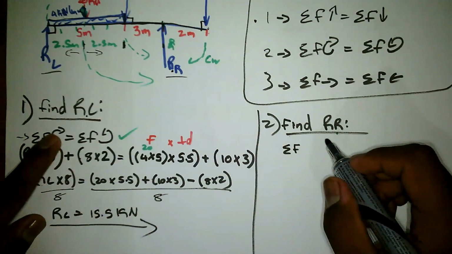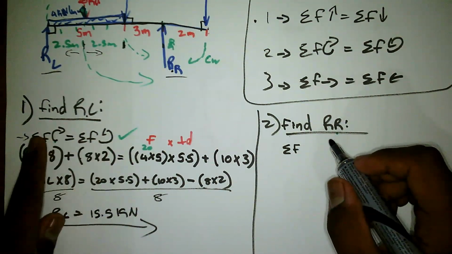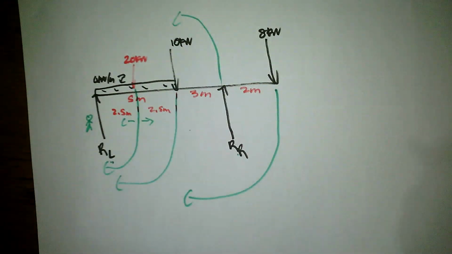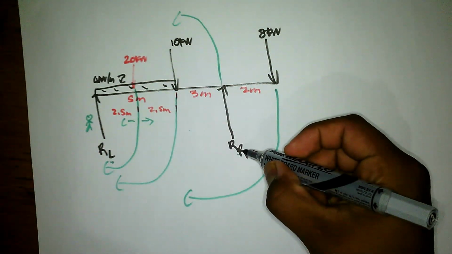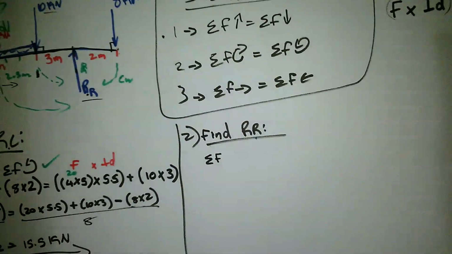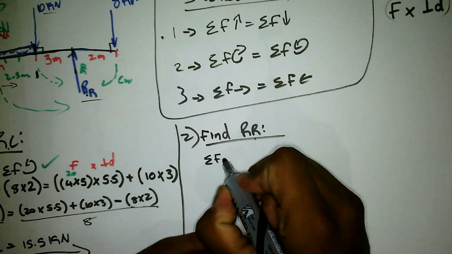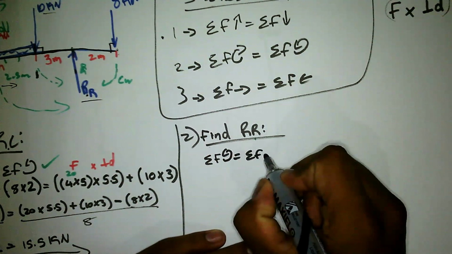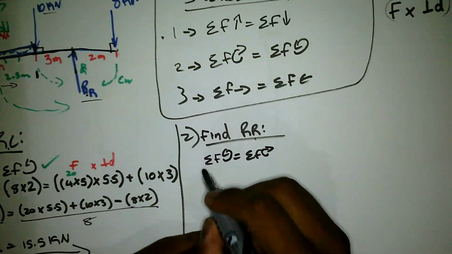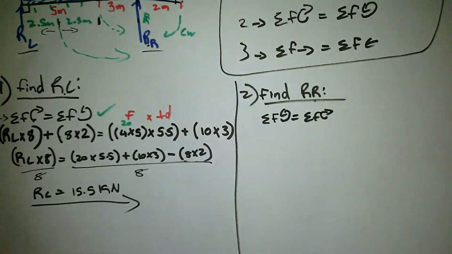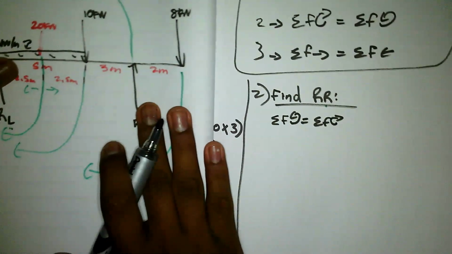You can have either clockwise or anti-clockwise first, but then the opposite must be true for your next equation. We know R will be going anti-clockwise. So we set the sum of the forces anti-clockwise equals the sum of the forces clockwise.